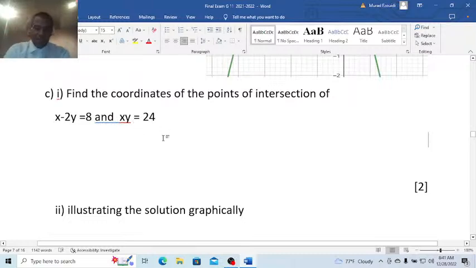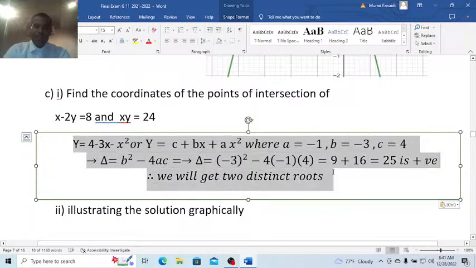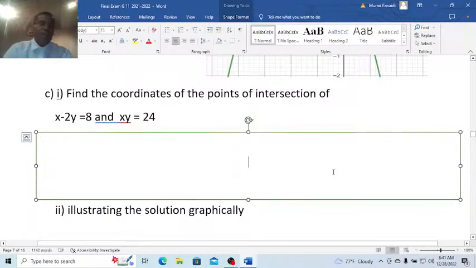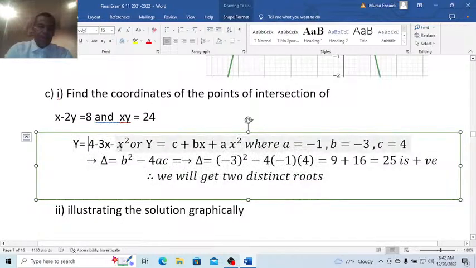I will write all of this here, no need for the rest. I will erase this. We have x minus, sorry, again. I just need this one, the rest is not needed.